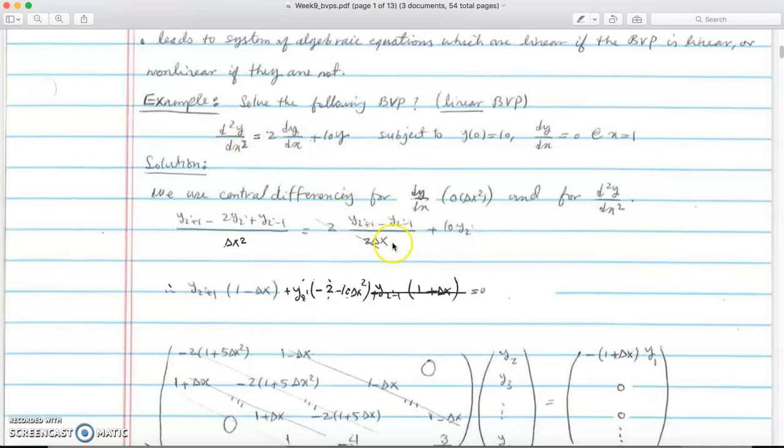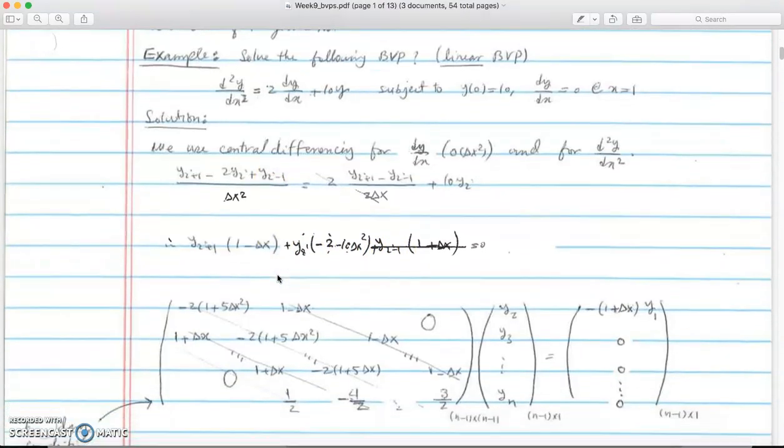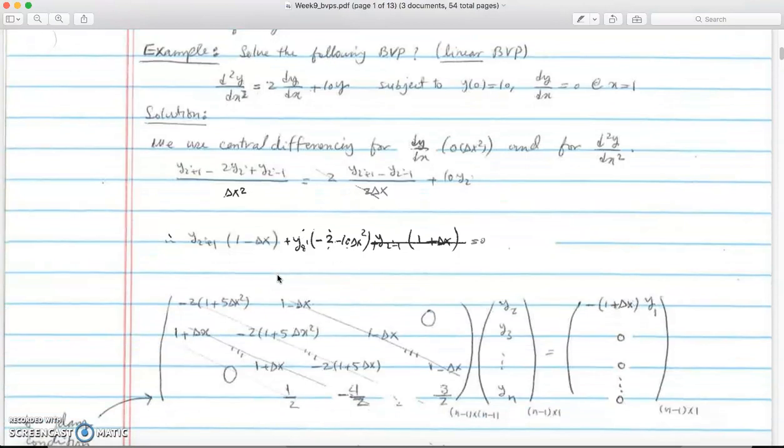This is centered at point i, and this is also centered at point i. We use second order central difference for this piece, which is this one, and also second order central difference for that piece, which is this one. We reorder the terms and group the i+1 term, i term, and i-1 term. From here to here is just a little bit of math and reordering the terms.